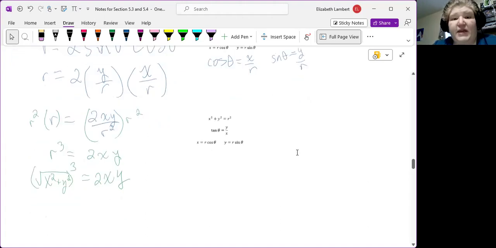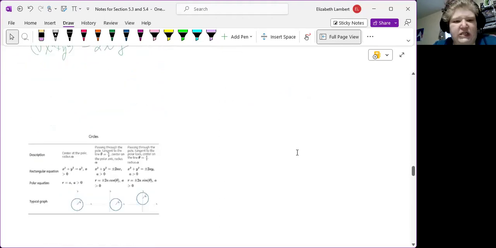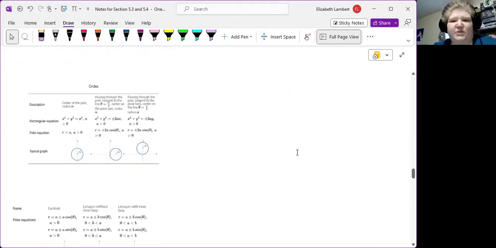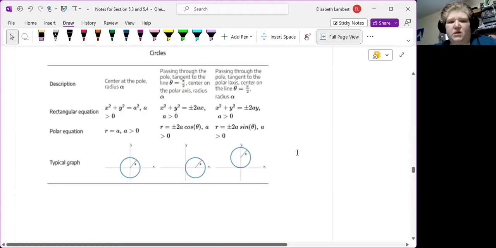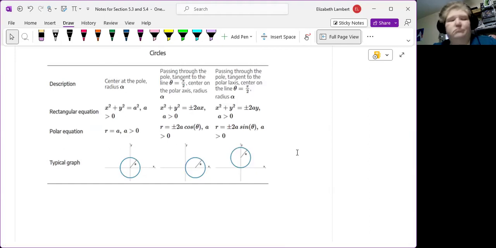Okay. So the other thing we have from this section is a whole bunch of these tables about the different types of graphs you can have in polar. We haven't looked at too many, but our graph of r equals a number is a circle.